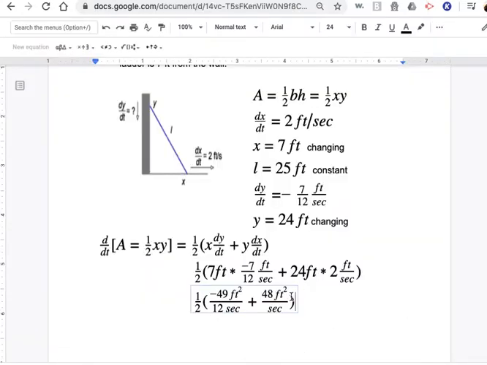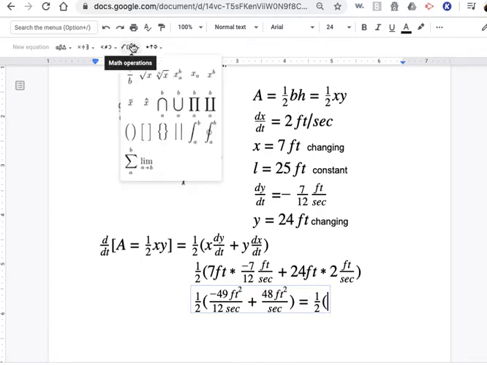So we're going to end up with 576 minus 49, equals 1 over 2 parentheses 576 minus 49, which is 527.